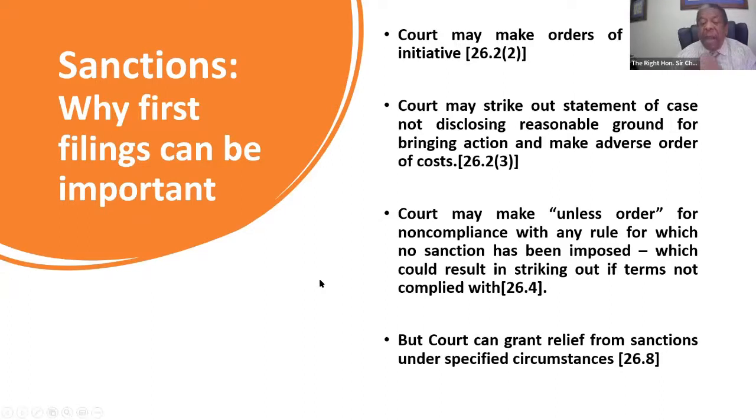The court may make an unless order, that is, an order that compels compliance with a rule for which no sanction has been disposed, and would normally imply a term that if the order is not complied with, the case will be dismissed.